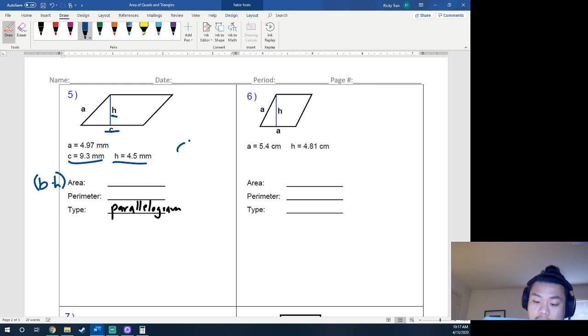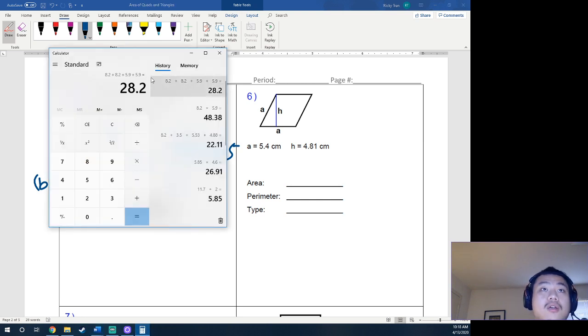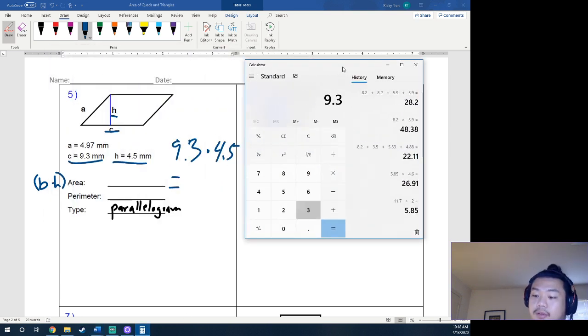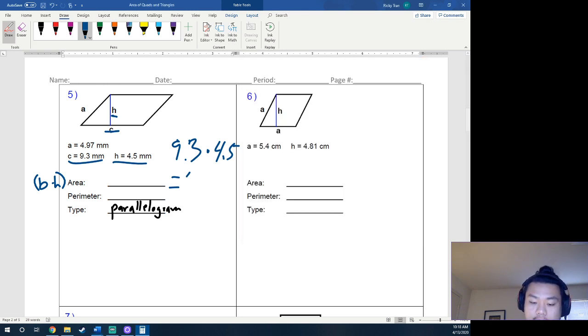So it's just 9.3 times 4.5. Take that in the calculator. 9.3 times 4.5 is 41.85 millimeters squared.